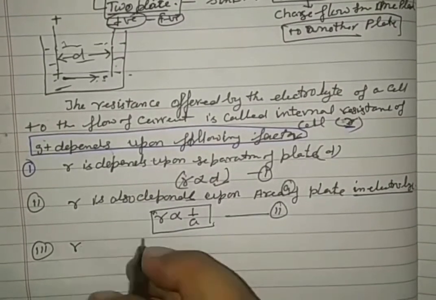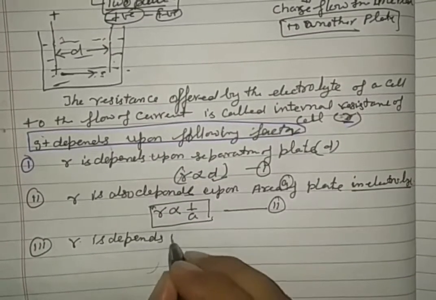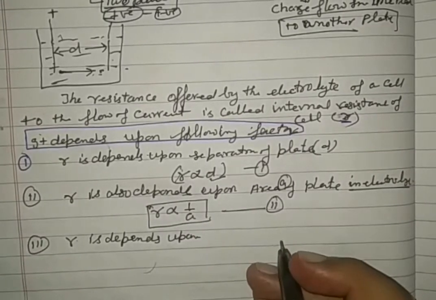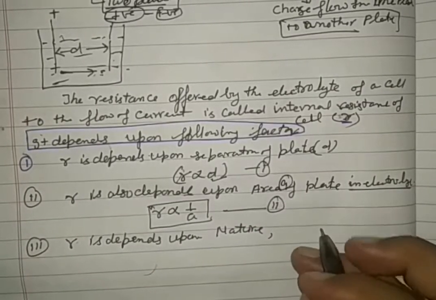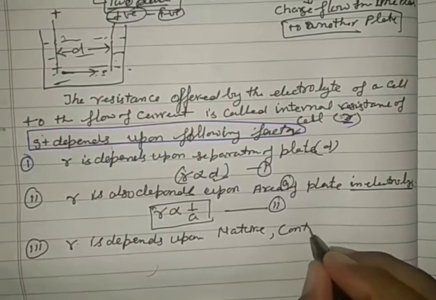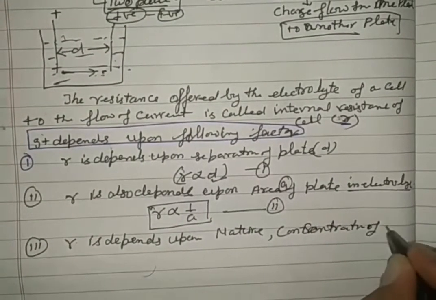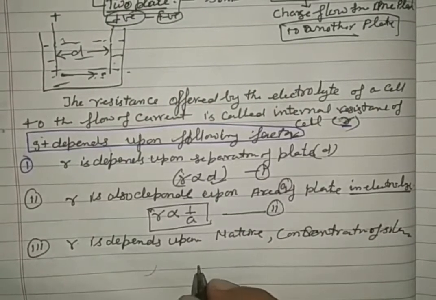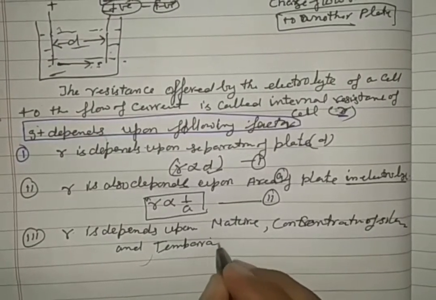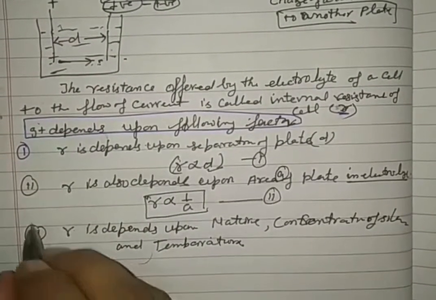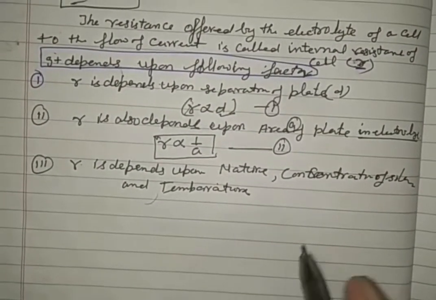The third factor: internal resistance depends upon the nature of the plate, concentration of solution, and temperature. So these are the parameters on which the internal resistance of a cell depends.